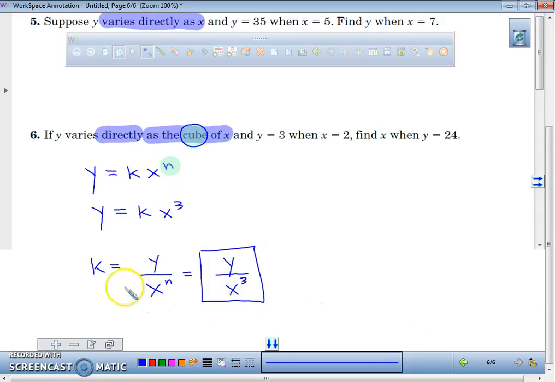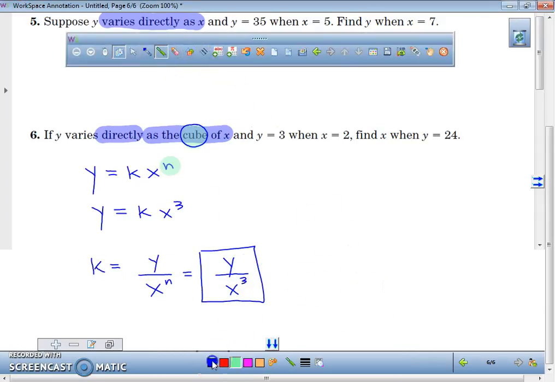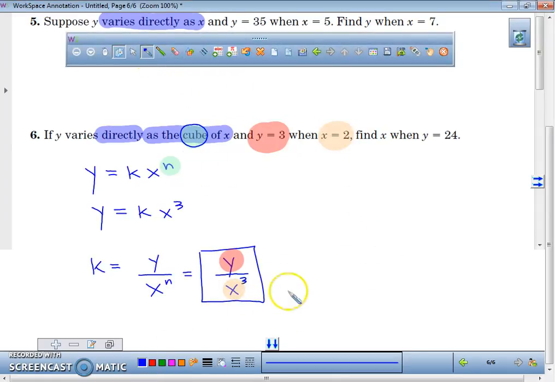Alright, so we have our formula for k. Let's highlight some things here. We have our y value. It says our y value is a 3, so plug in a 3 there. We have our x value. It says x is equal to 2, so plug in a 2 there. And what we're doing right now is solving for k.